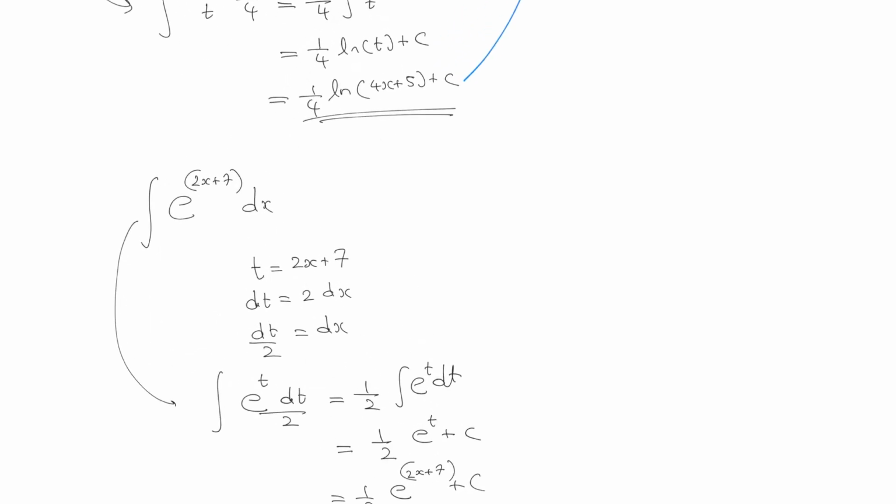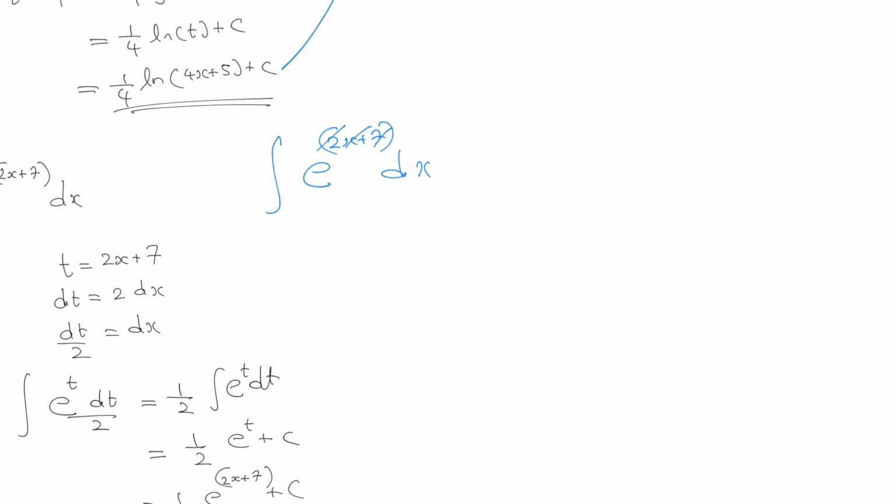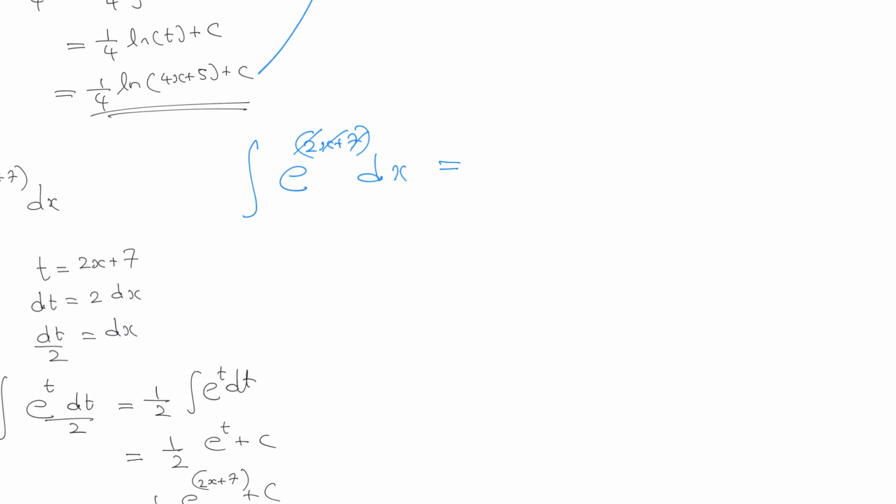We'll take the final example. It was integration of e raised to 2x plus 7. So we can write this as e raised to 2x plus 7. This 2x plus 7, just assume that it is like x. So integration of e raised to x is nothing but e raised to x. So we can write it as e raised to x, that is, x is taken as 2x plus 7.